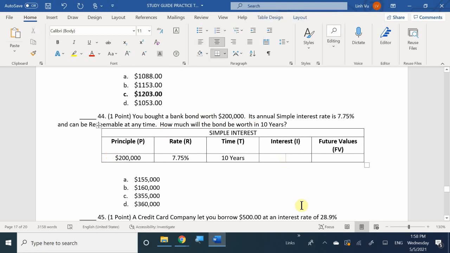How much interest are you collecting on this problem here? Do you remember the calculation here? Take the principal times the rate times the time to get your interest.